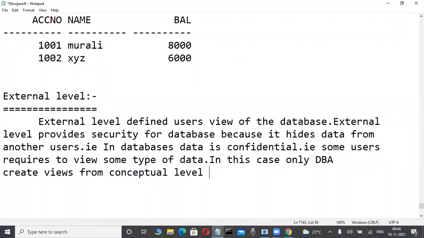Conceptual level means tables. And then only those views are given to a number of users.